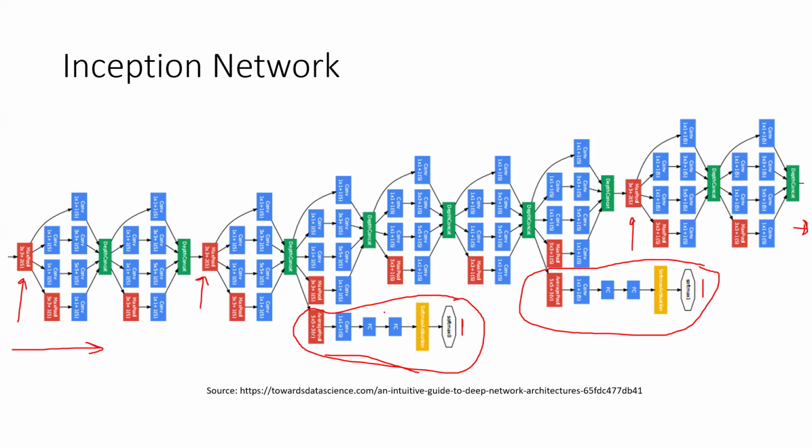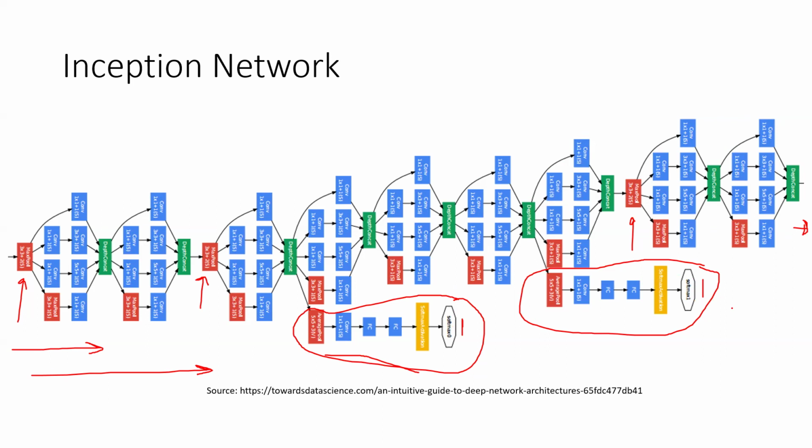So the idea is to add some check to make sure the features are working correctly at these levels, and it also adds some effect of regularization into the neural network because these networks are so deep. So from time to time we do these checks, we do these outputs to make sure it is working correctly. That is another technique that is used in the inception neural network.